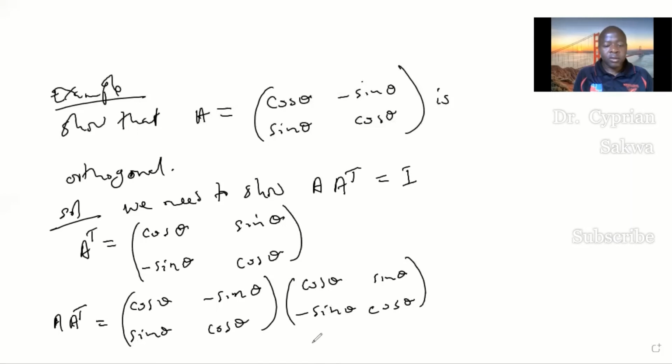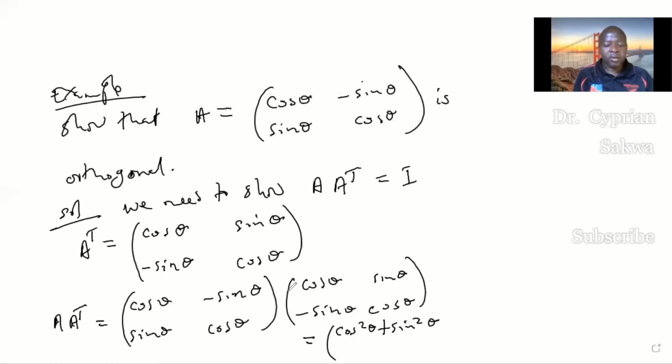So when you do this, cos theta times cos theta will be cos square theta, and this time this will be plus sine square theta. So it's this row and this column: I get cos square theta plus sine square theta.